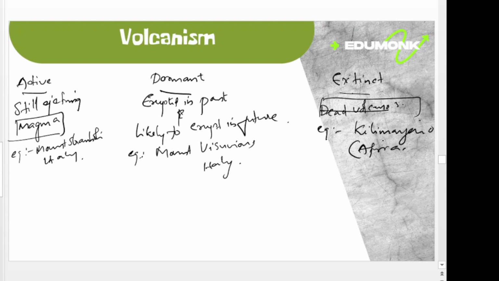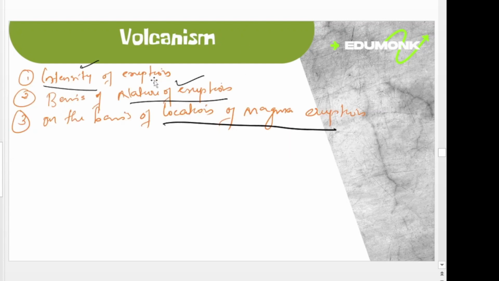Extinct volcanoes are dead volcanoes which are not likely to become active again, for example Kilimanjaro in Africa. The first condition we have completed.